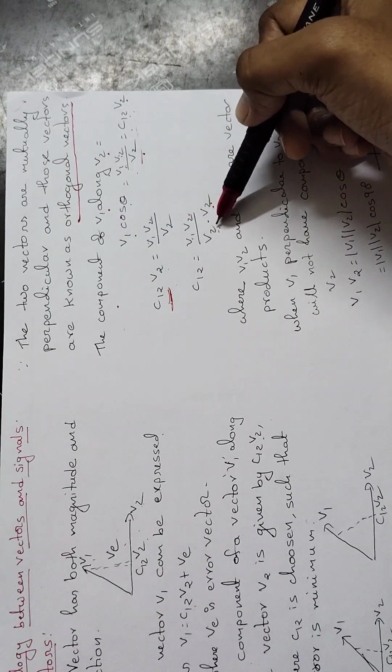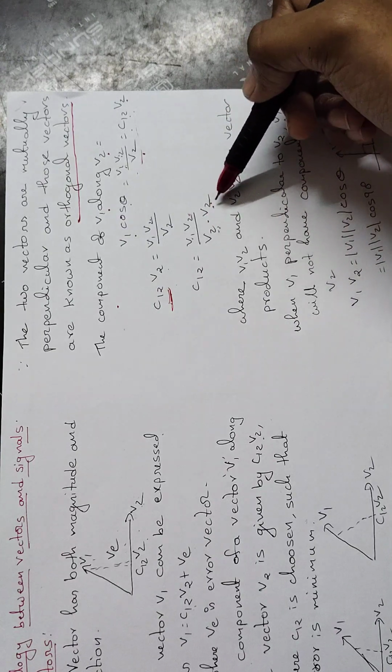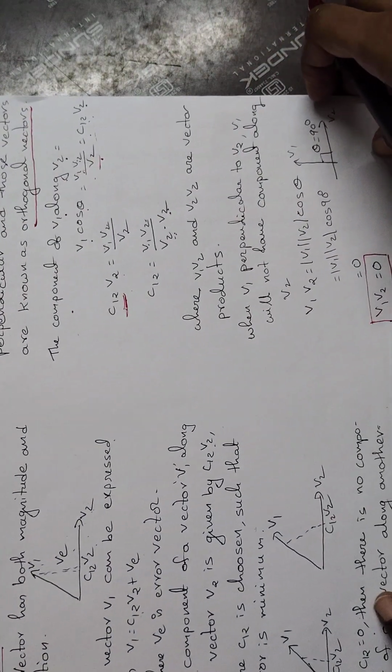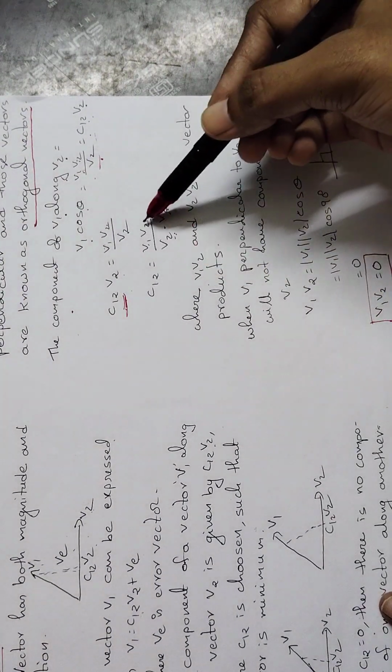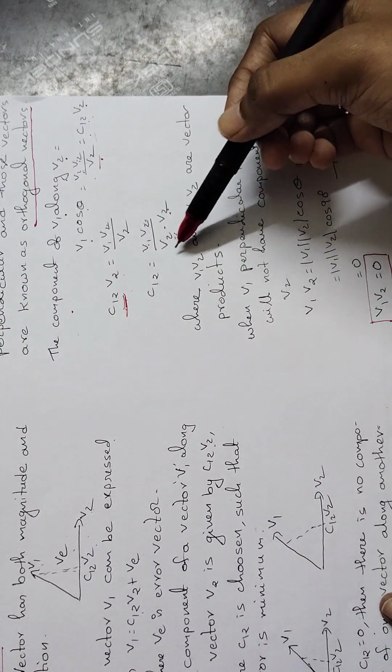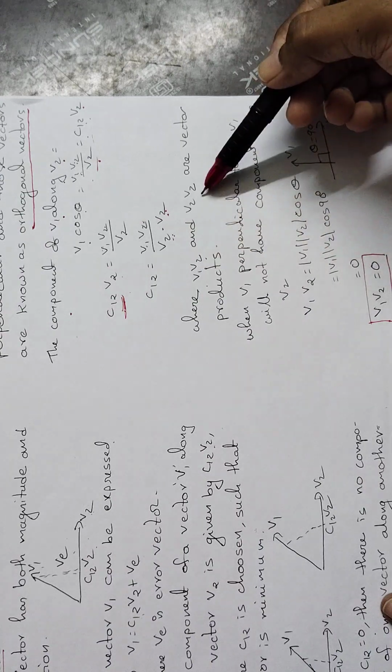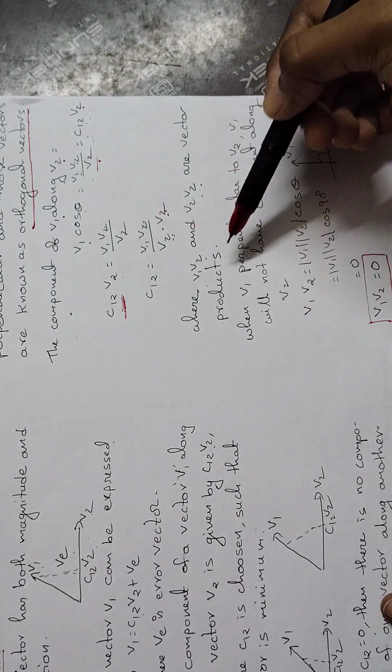These two are v1 dot v2 and it is not v2 square. This is a dot product, where v2 is not cancelled because it is in the form of a dot product, where v1, v2 and v2 are vector products.